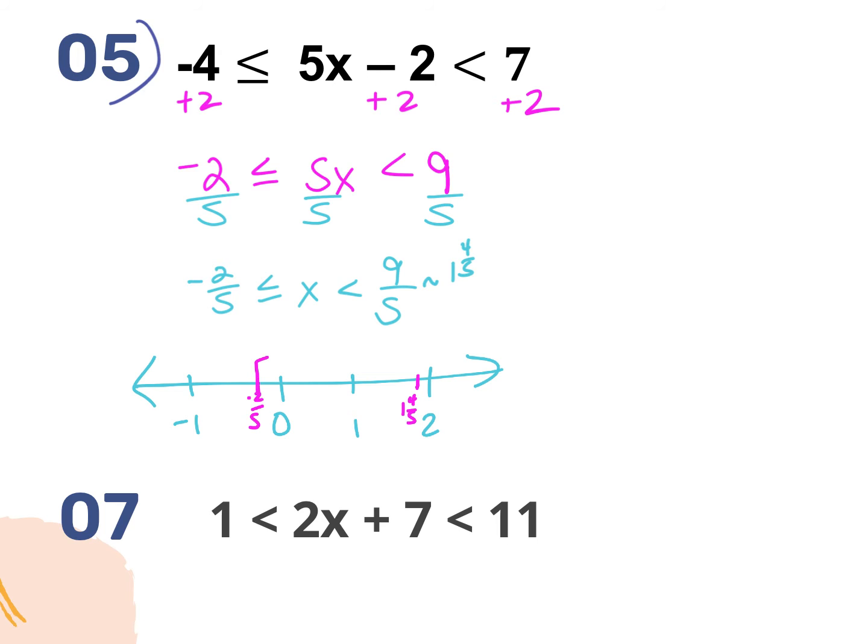A bracket goes on the negative 2/5, a parentheses on the positive 9/5. And in interval notation, this is negative 2/5 with a bracket on the 2/5 to 9/5 with a parentheses on the 9/5. Samuel. This, 1 and 4/5, I just put it in mixed number form, like 9/5. Yeah, just so I knew where to graph it.